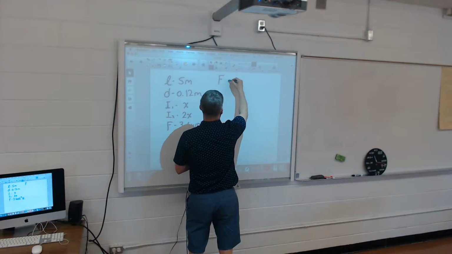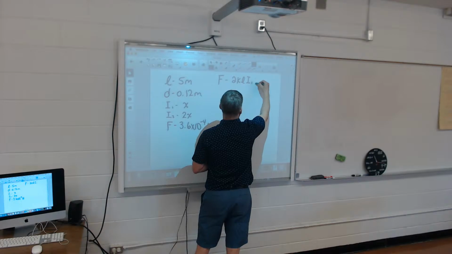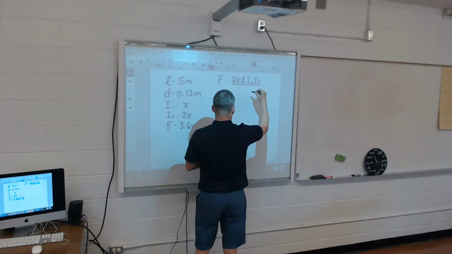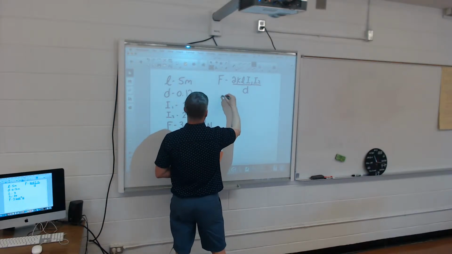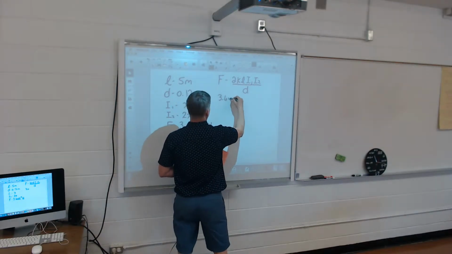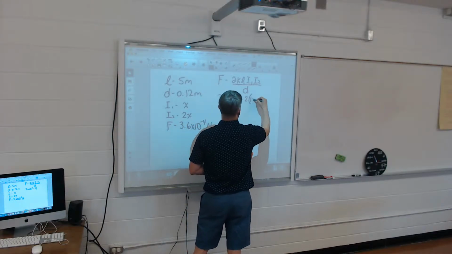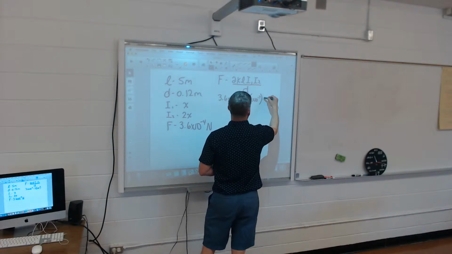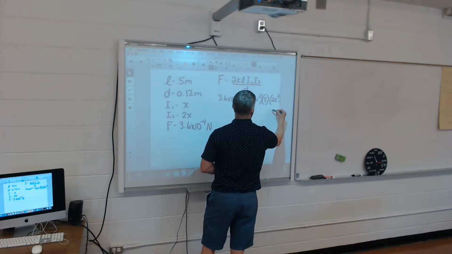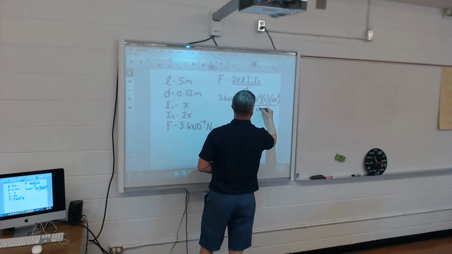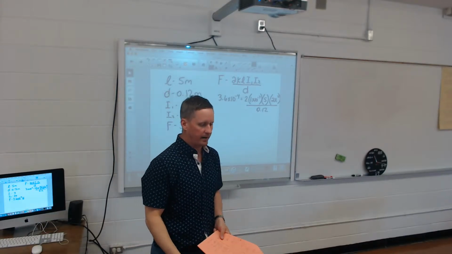So I have F equals 2K L I1 I2 over D, right? So I've got force 3.6 times 10 to the negative 4 is equal to 2.1 times 10 to the negative 7 times 5 times 2x squared. And that's over 0.12. So x times 2x is 2x squared, right?